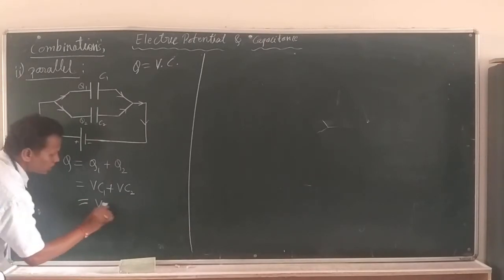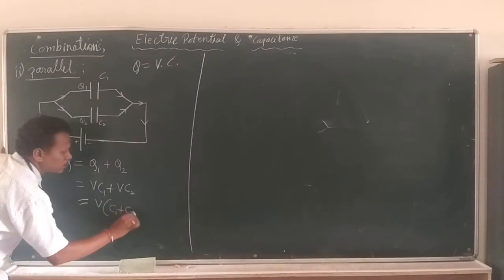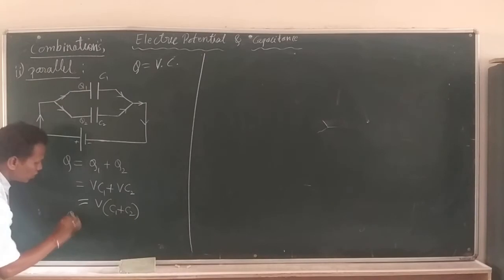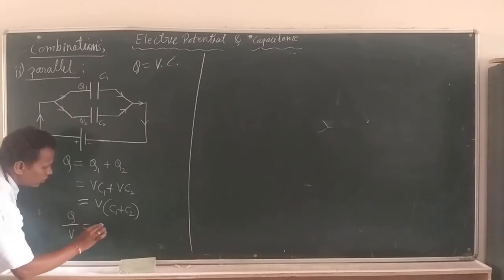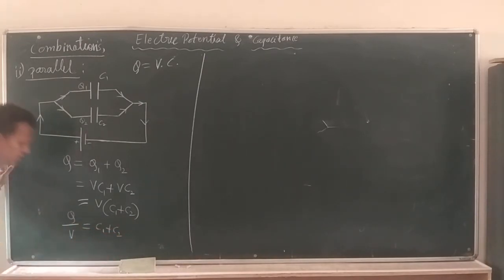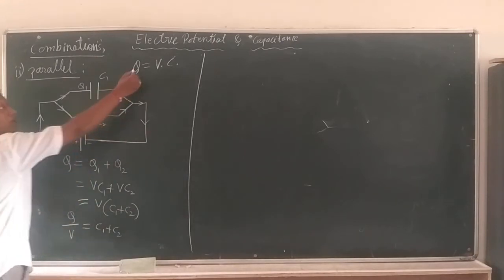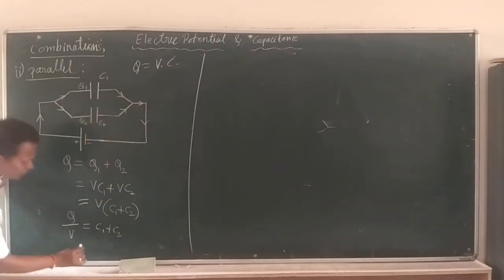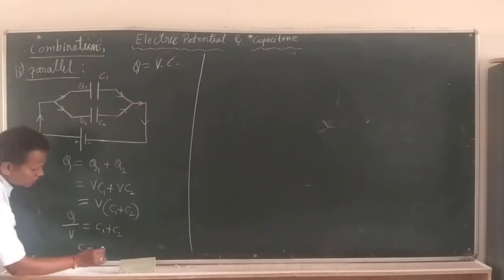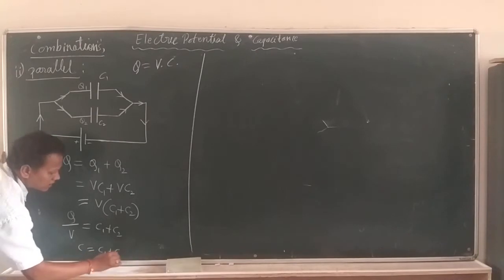Now, V is common, so C1 plus C2 is on the left-hand side. So Q divided by V equals C1 plus C2. What does Q by V indicate? It indicates C. So C is equal to C1 plus C2.